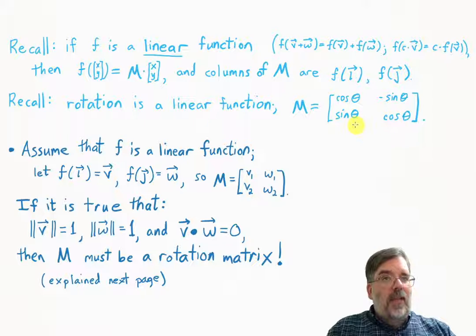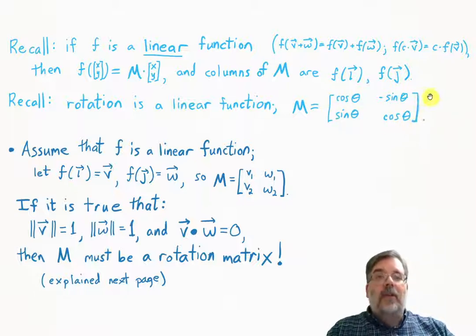If you want to rotate counterclockwise around the origin by an angle theta, we figured out that this is the matrix you would have to multiply points by. Starting with a point, multiply it by this matrix, and the result is the new location of the point. Okay, so that was a trip down memory lane. Try to remember those two facts because they're going to become important really soon.